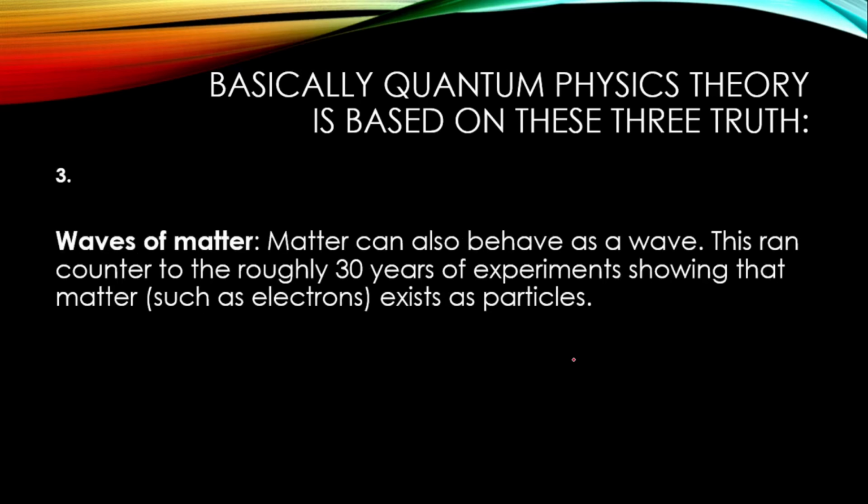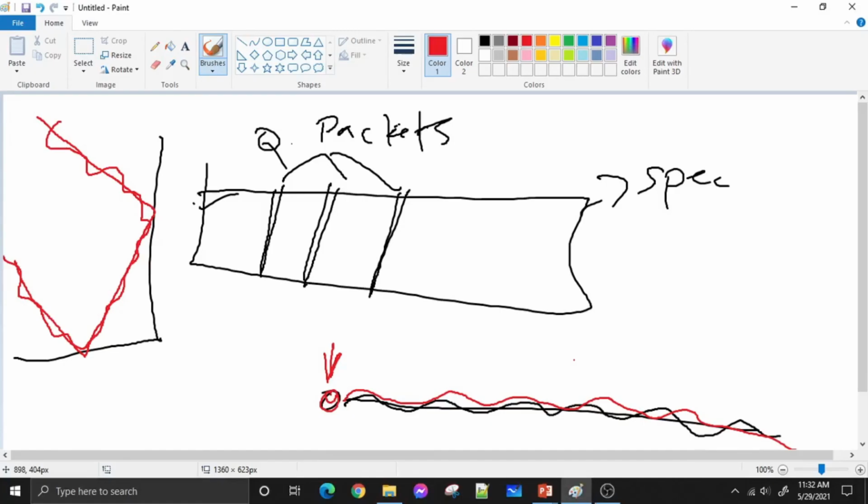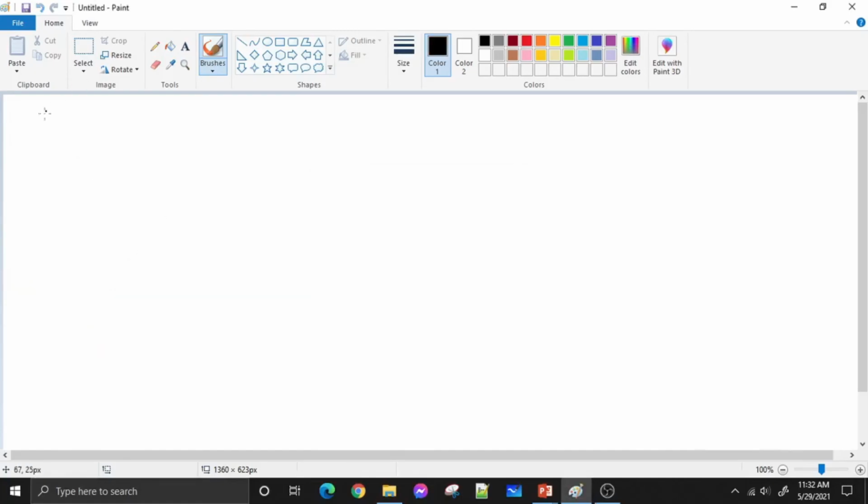So, waves of matter, that is the third and last truth of quantum physics theory. Matter can also behave as a wave. This runs counter to roughly 30 years of experiments showing that matter such as electrons exists as particles. In my previous years in education, like in elementary, we were introduced to matter as being composed of particles.